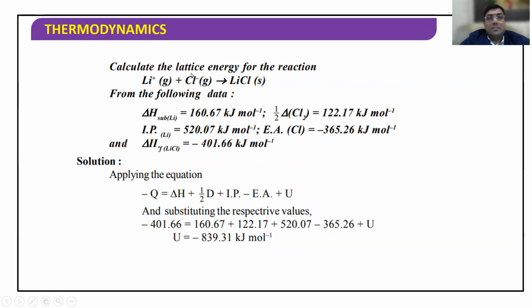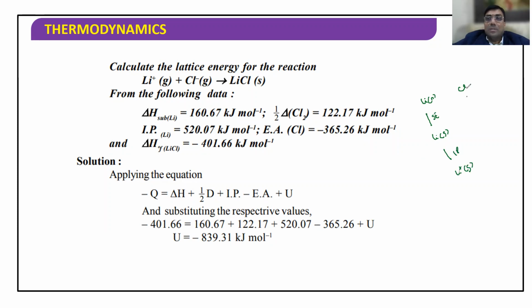It's a very simple question. This question is formation of LiCl from Li and Cl2. How to form LiCl? First of all, Li is a solid. This should be converted into gas. This is called sublimation energy. This gas should be converted into Li+, ionization potential.